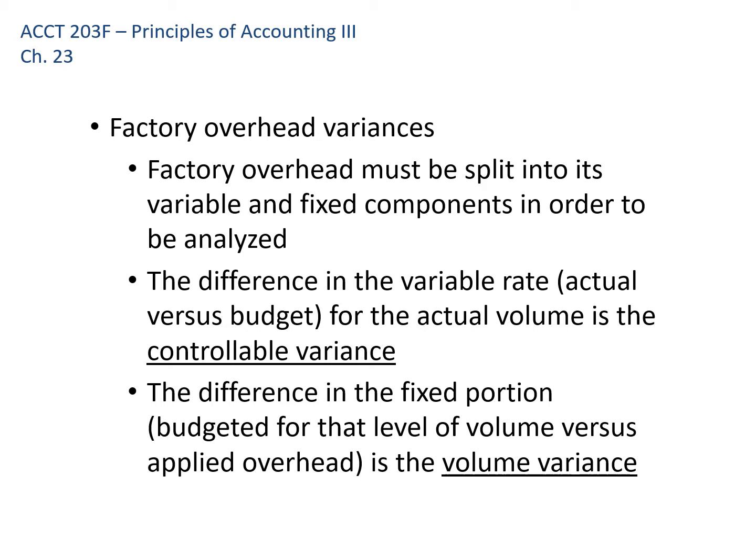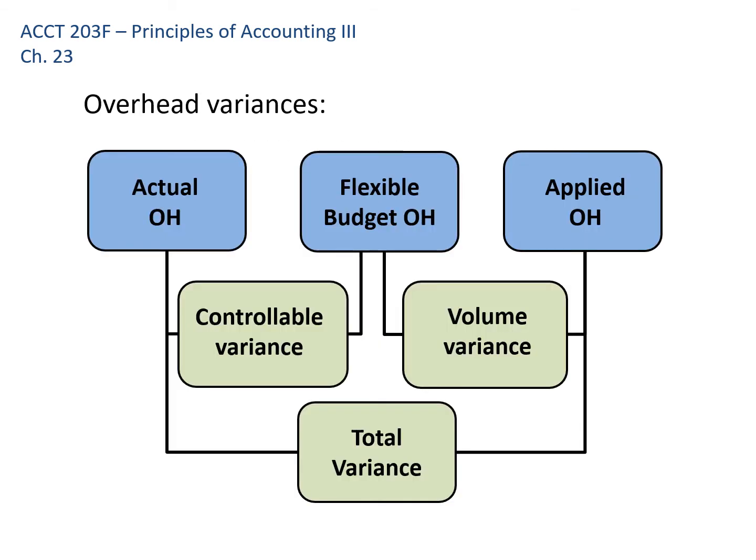To judge them properly, we want to split the variance between what we thought should be spent and what was really spent, between what they had control over and what was just a mere fact of the volume being different and the fixed portion being spread over more units or fewer units, which really isn't the production manager's fault. It's just the luck of what the volume was for that particular period. So we do that with the goalpost method.